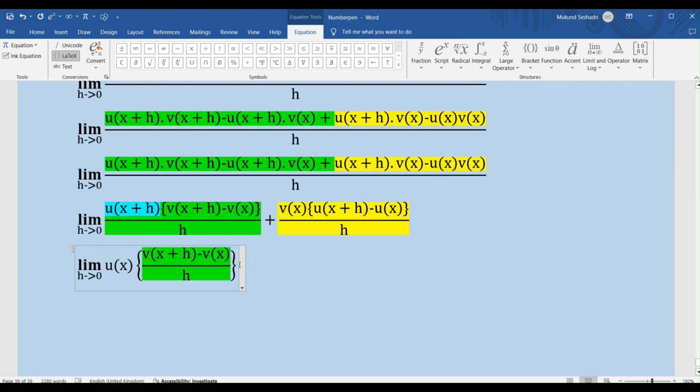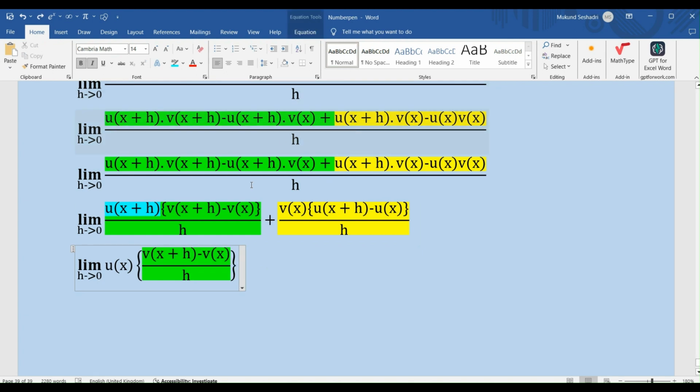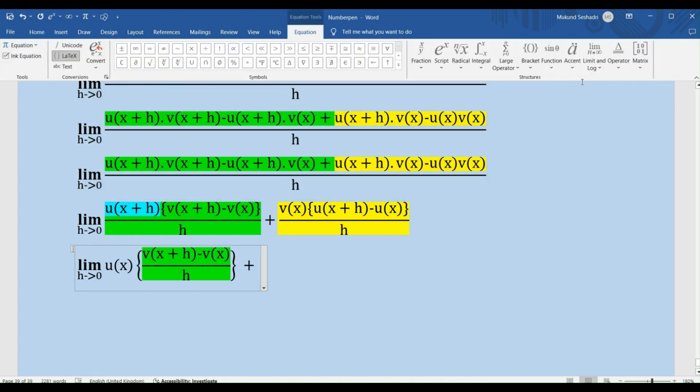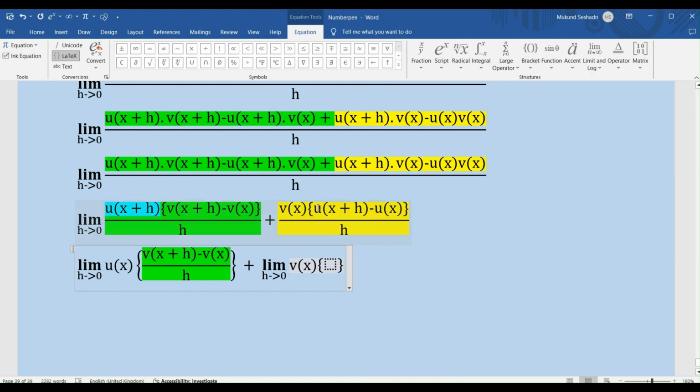And similarly, I have plus the limit h tending to 0, my v of x I've already pulled out, and then I open my big flower bracket.